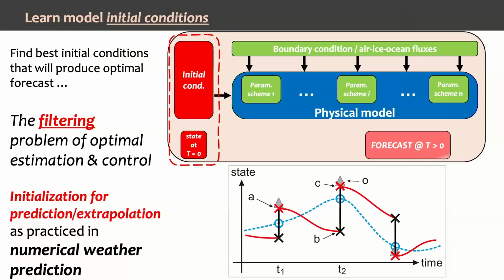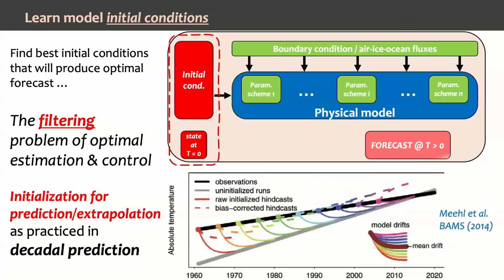So when the model has a certain simulation, and then the data, for example from the Argo profilers, has another temperature, then this analysis increment tells me I need to change my temperature at this level by a certain amount, which you can think of as an artificial source or sink in my conservation equations. And this happens basically every 6 hours or every 3 hours in the model, and it will give us unphysical jumps in the solution.